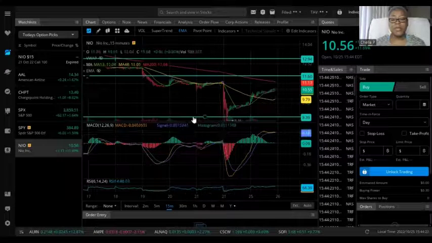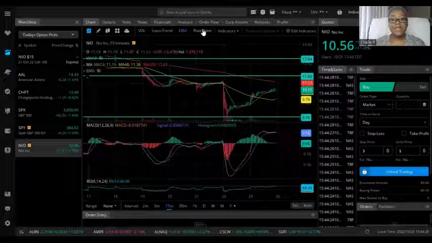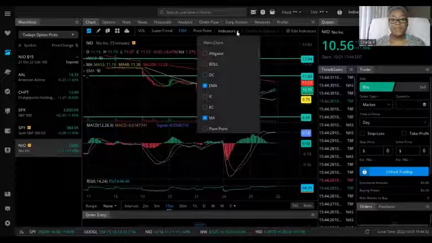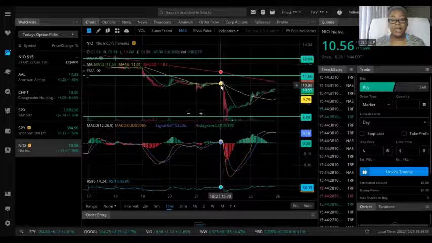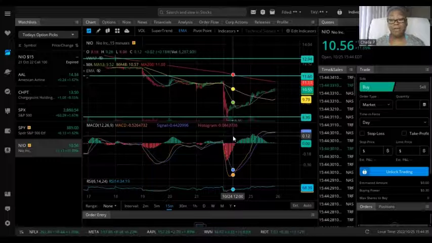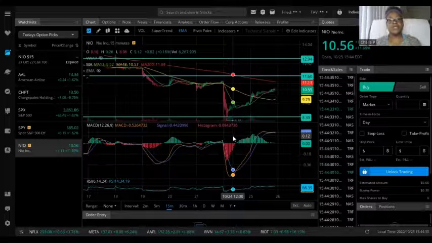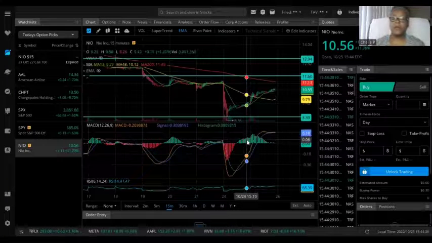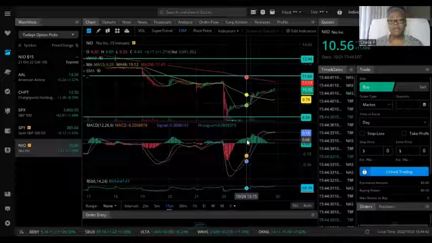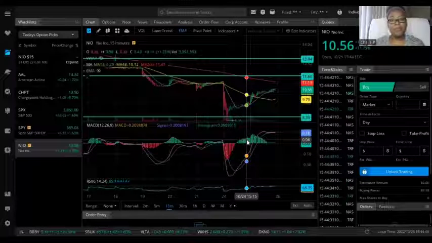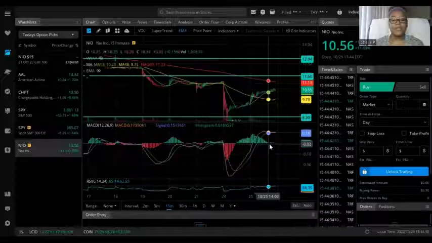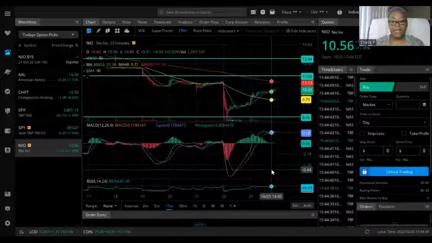But anyway, you would go in under indicators, you guys, and put these different things on your chart so you can have better historical information and technical analysis of these different securities, stocks, and make better decisions, and you can use better judgment by having that information.